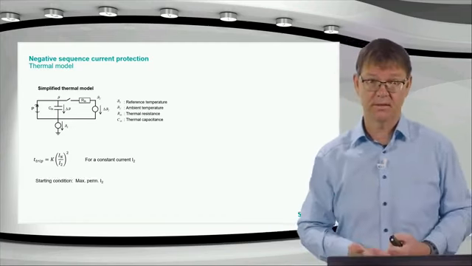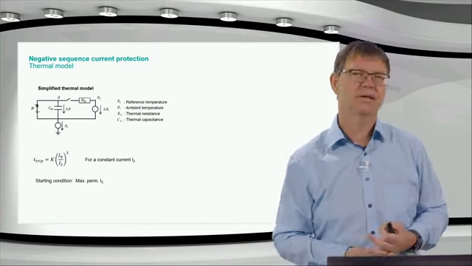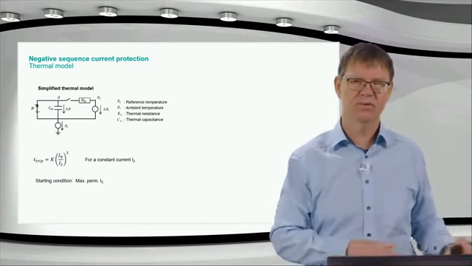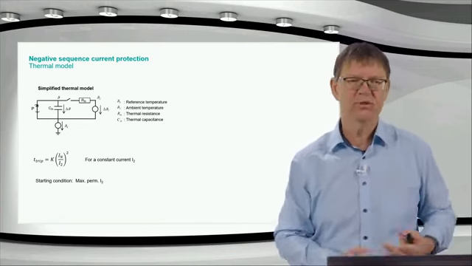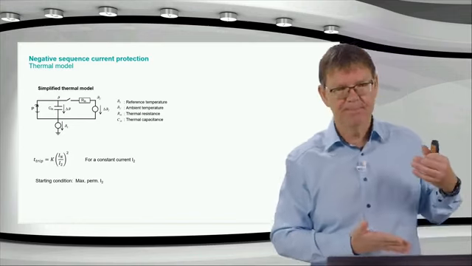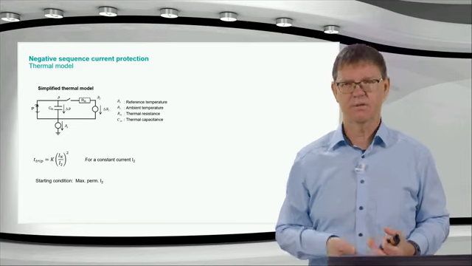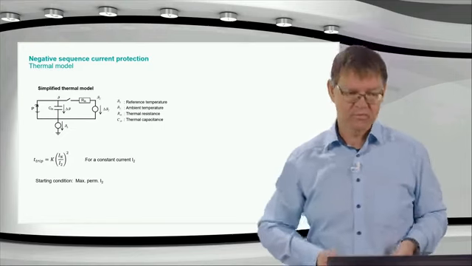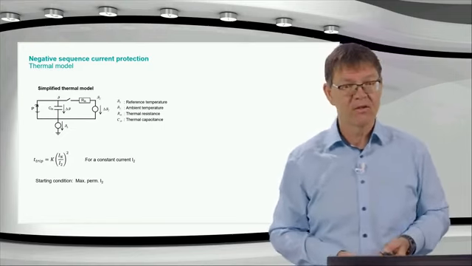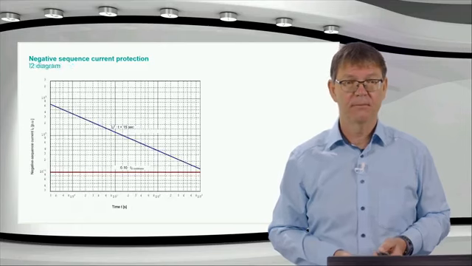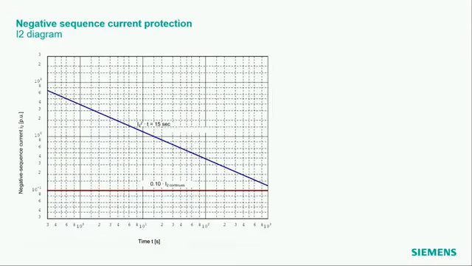Also here we need a starting condition. It's not the starting current as we had before with the starting time supervision. Here it is the maximum permissible negative sequence current. This is a value you need to get from the motor manufacturer. Often you get a diagram which looks like that.